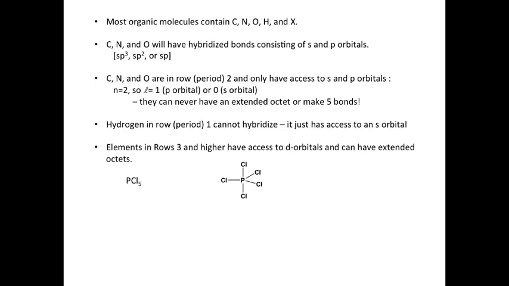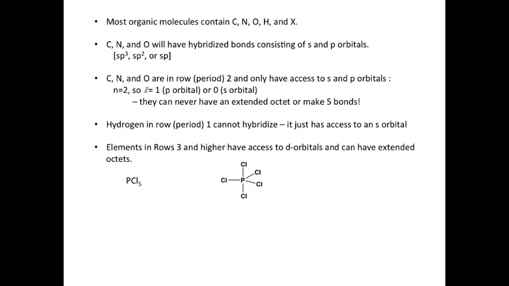Occasionally we'll see examples where atoms do have an extended octet, and again, that's not as common for most organic molecules. But elements in rows 3 or higher, periods 3, 4, 5, and beyond, have access to d orbitals. Therefore, they can have an extended octet.